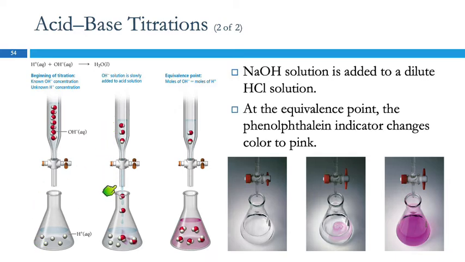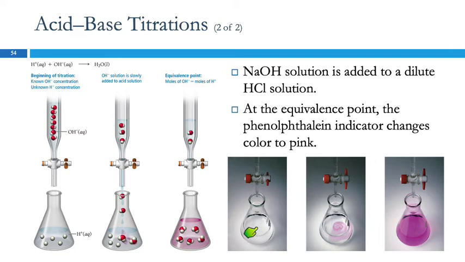As we add sodium hydroxide, the hydroxide from that base reacts with the hydrogen ions from the acid and neutralizes them. When we get to the equivalence point where we have an equal number of hydroxide and hydrogen ions, the pH will change, and that causes the indicator to change. A very common indicator we use is called phenolphthalein, which is quite a mouthful, and I won't require you to spell that.